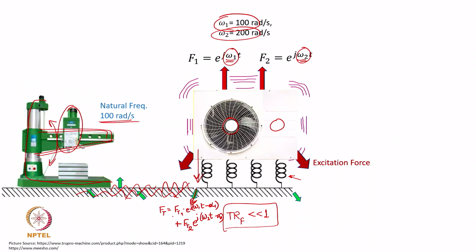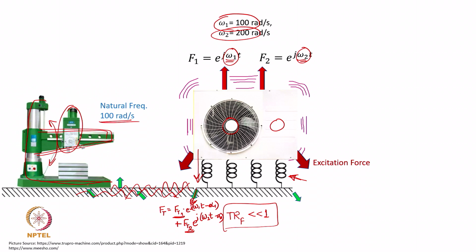Now, however small these amplitudes of transmitted forces are, because you have already designed these isolators to the best of your abilities, you might have only a fraction of these forces going into the ground.